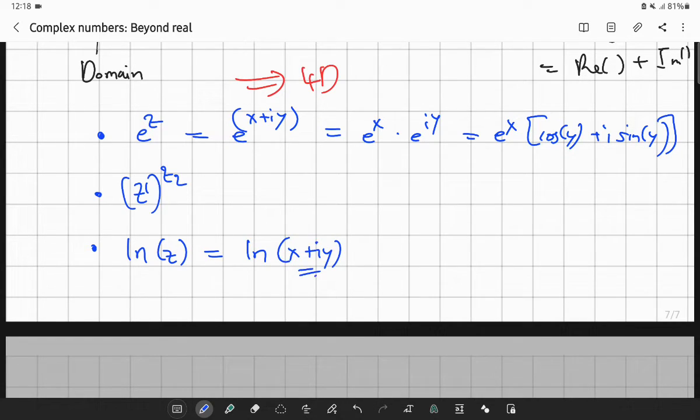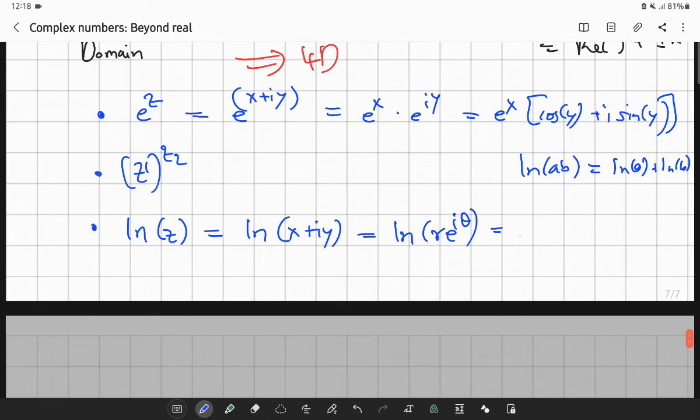But is this really useful, ln of x plus iy? Doesn't seem very helpful. It doesn't give you any more information because we don't know what's ln of iy, do we? I mean, we don't. So the thing that's going to be useful here is the polar form, ln of r e raised to i theta. Do you see why? Because ln of AB is equal to ln A plus ln B.